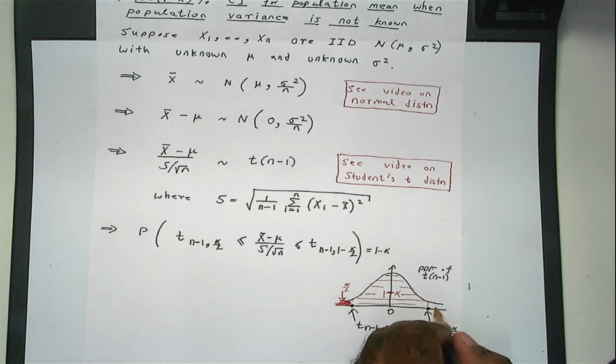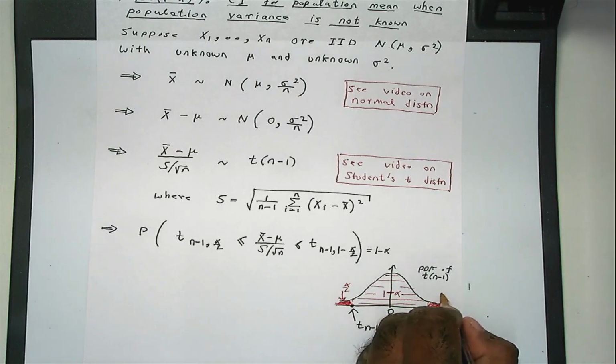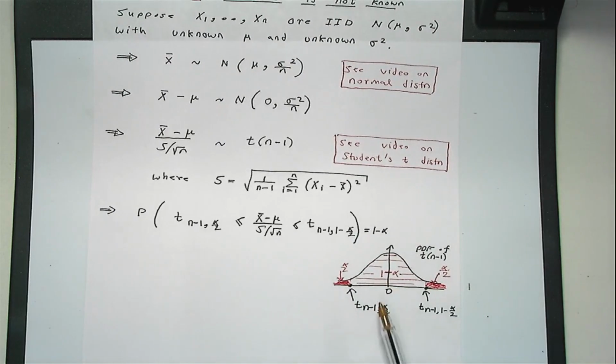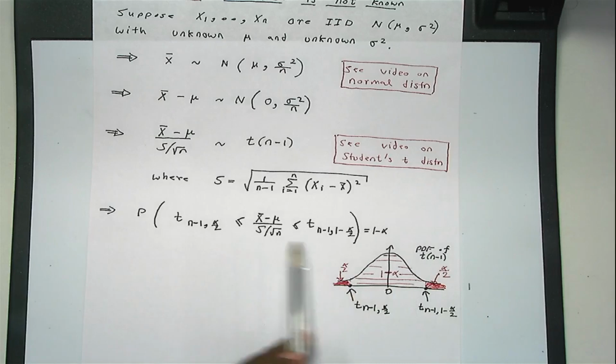And this area must also be alpha by 2. So you see from this picture that the area between these 2 points must be 1 minus alpha.